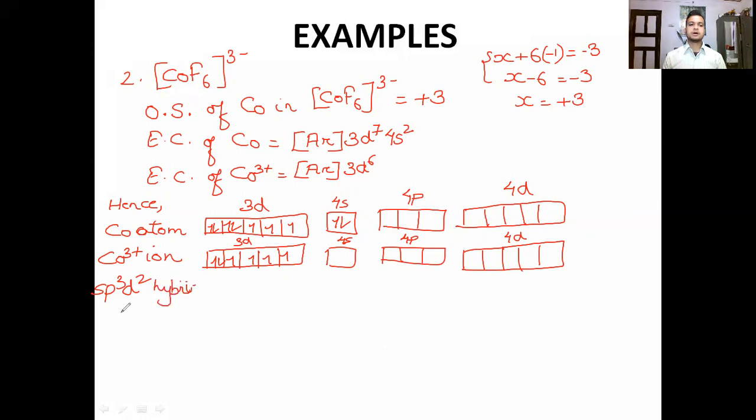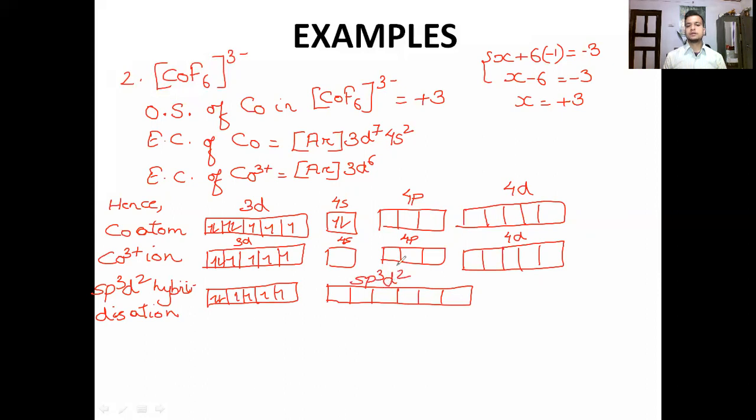Okay, so once we have that, our job is just to write the unhybridized orbitals as they are, and then mix the other 6. So if I mix the other 6, 1 2 3 4 5 and 6, it is sp3d2.